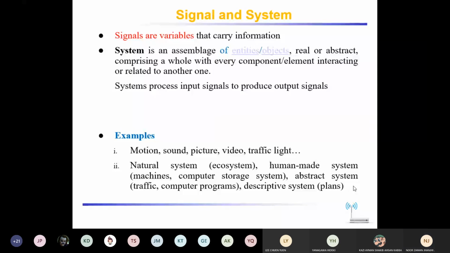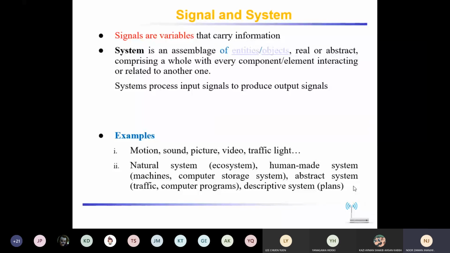So the signals are what? The signals are actually the variables. You know what a variable is, because you are a computer science student.